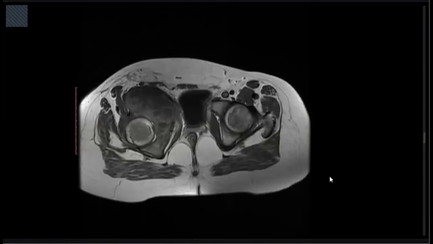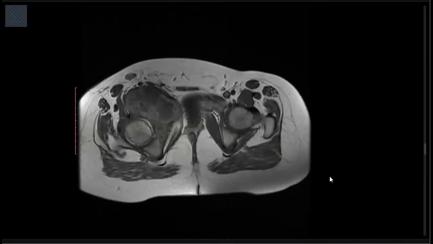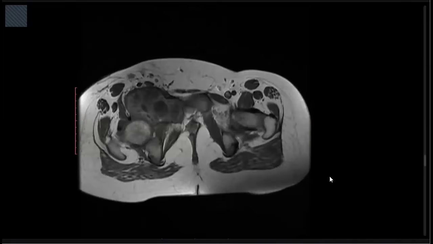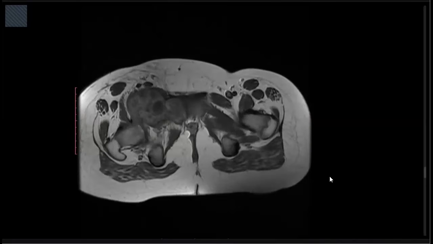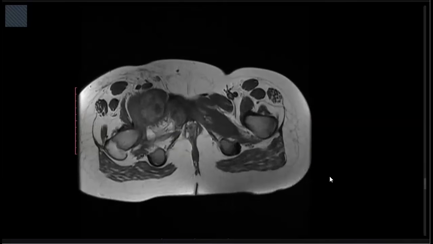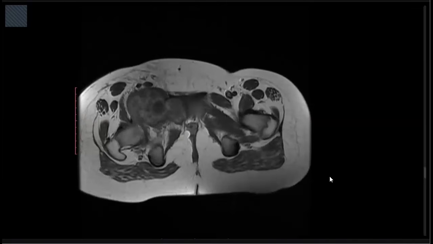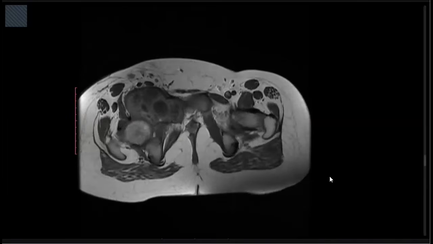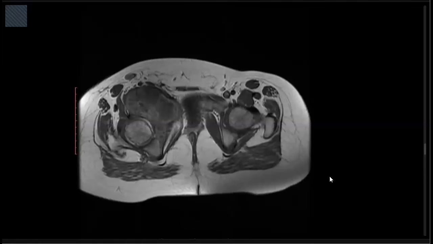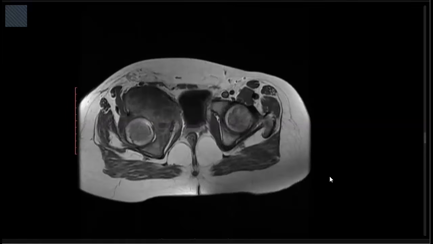Okay, so in this T1 weighted image, I see the lytic lesion is a multiseptated, well corticated lesion centered at the superior pubic ramus. I just want to look for any chondroid matrix, which could be another possibility.